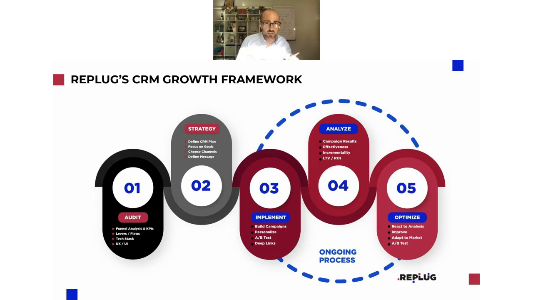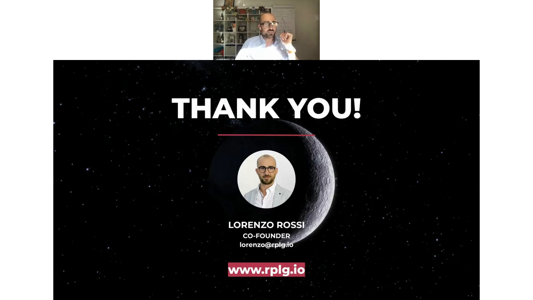And then after the second step, there is an ongoing process that starts with the implementation of the campaigns, the analysis of the results, and optimization. And this should be a never-ending process in CRM activities to increase the engagement and the user loyalty. And that was it.